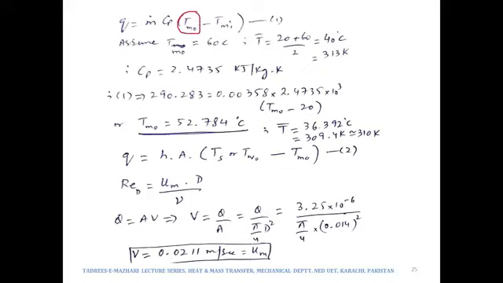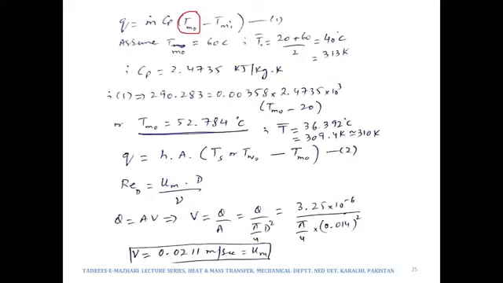But there is a little hitch, which is that the properties would be evaluated at the mean of the mean temperature at inlet and exit, meaning (Tmi + Tm0)/2. So we do not have Tm0. In fact, that is the temperature that we need to find out.